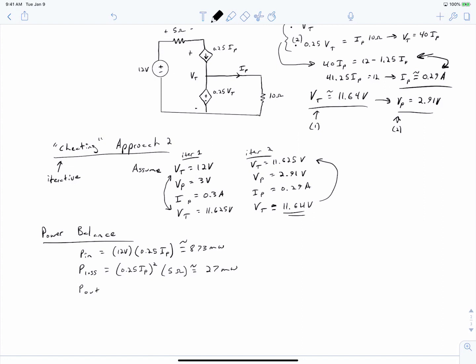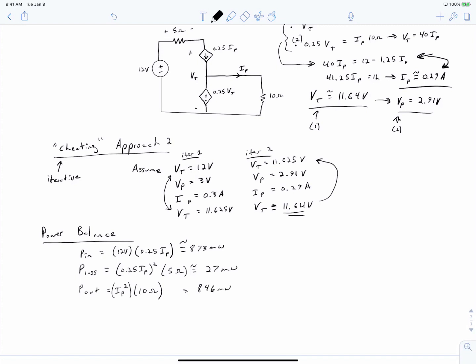We could find this either by multiplying Vp times Ip, or by multiplying Ip squared times our 10 ohm resistor. If we do this, we end up getting 846 milliwatts.